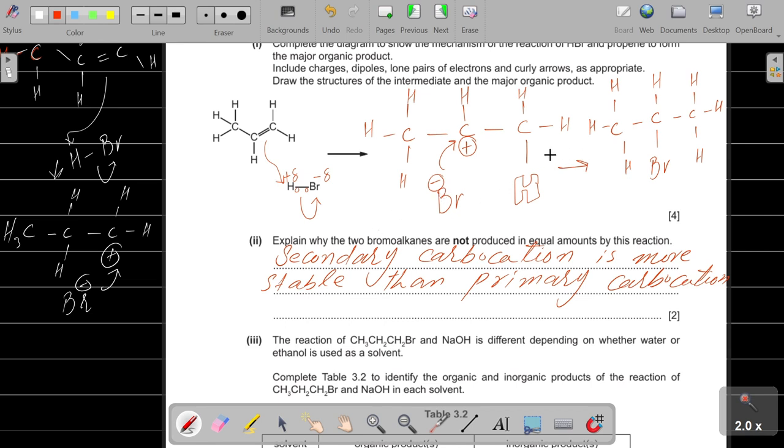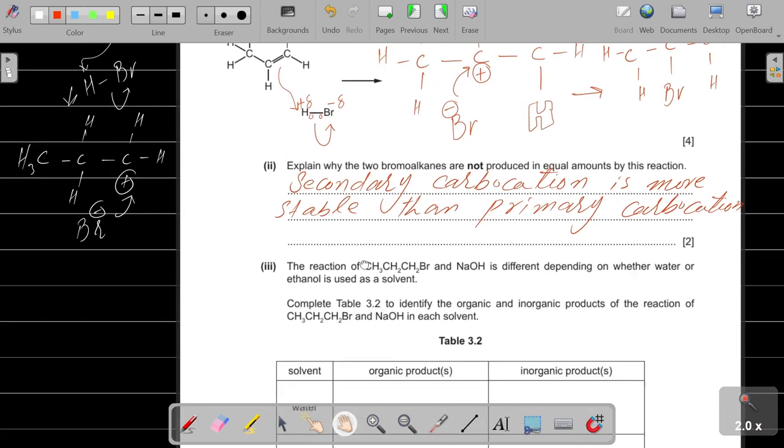That's why we are getting this major product and we are getting this minor product. You can write this answer according to this.